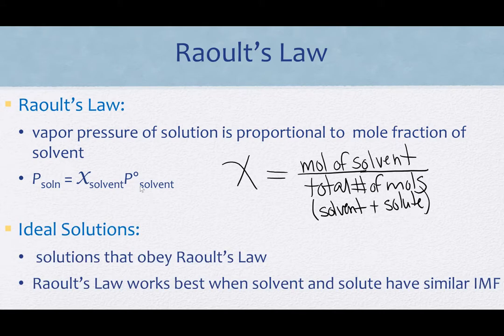So an ideal solution. Solutions that obey the Raoult law. And an ideal solution is going to be one that works best when the solvent and solute have similar intermolecular forces. So in chemistry, specifically general chemistry 1, we deal with ideal solutions.